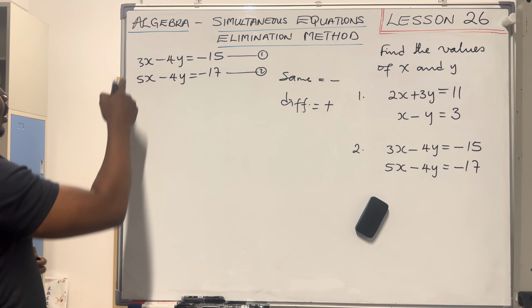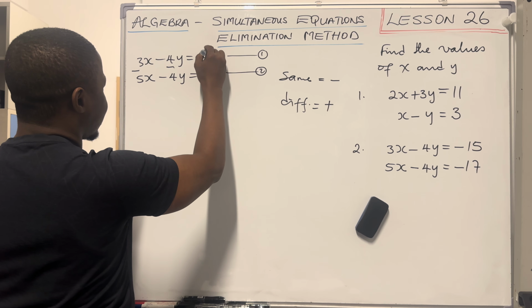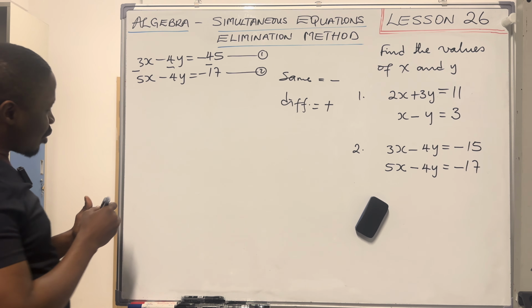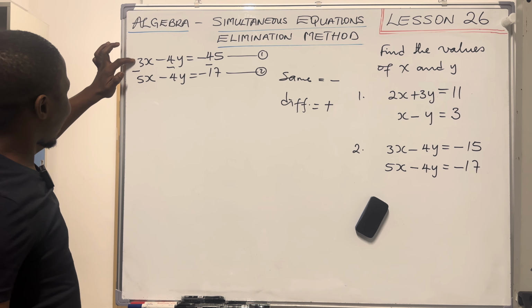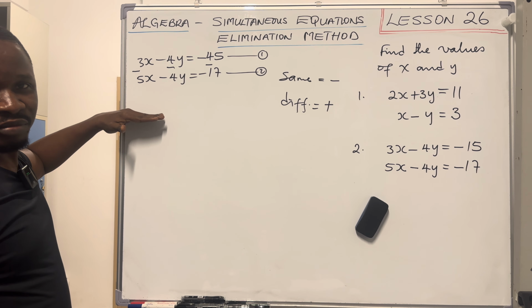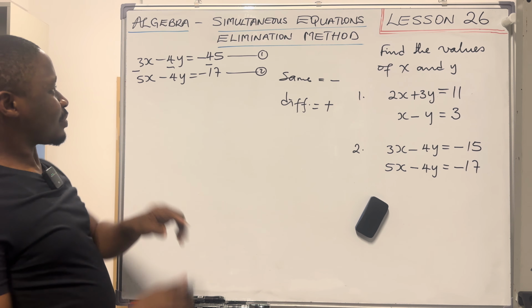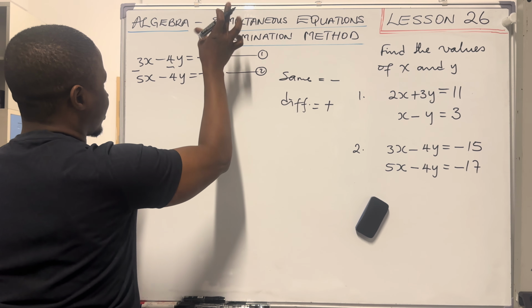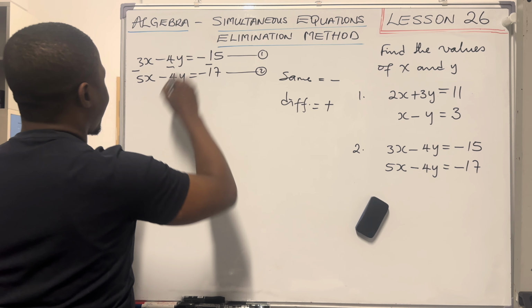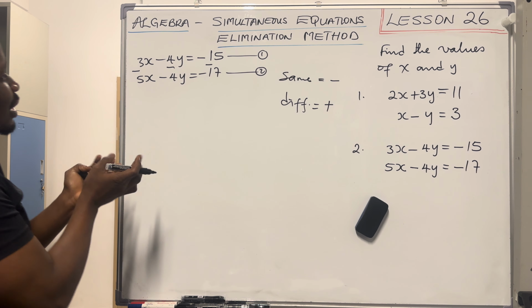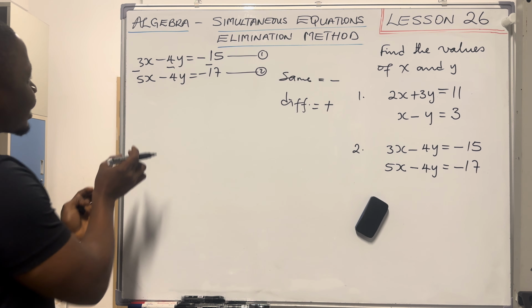You cannot say, for instance, well, this is bigger than this. Let me say 5x minus 3x. This is bigger than, let me say this minus this. It doesn't work that way. Okay. So we are lucky that equation 2 has the bigger one.